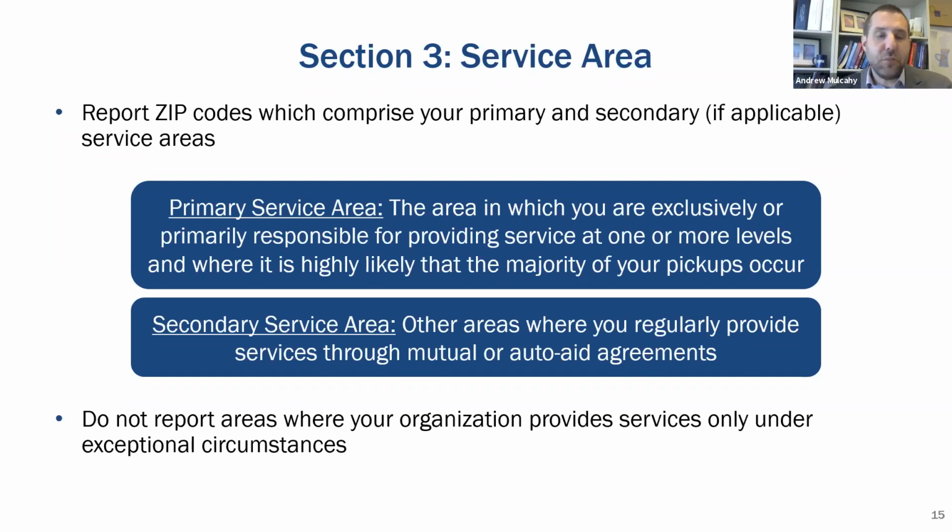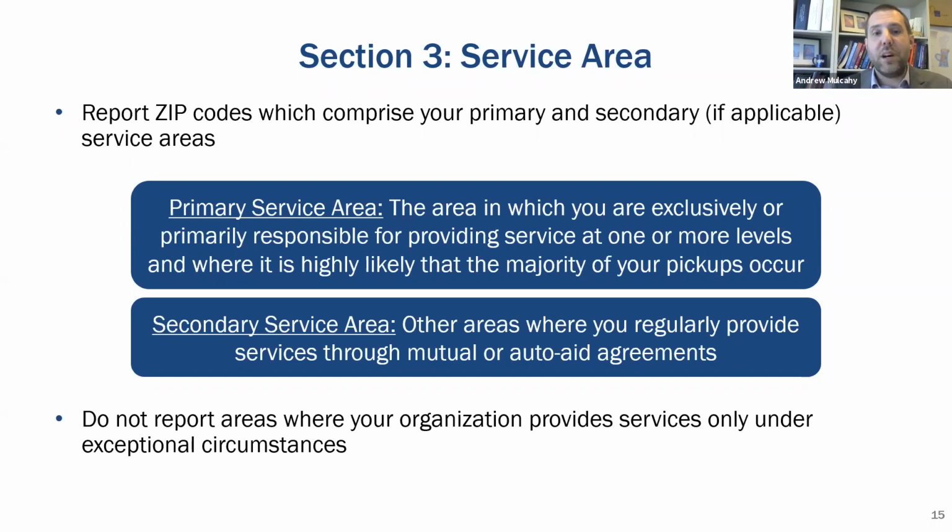For some organizations, this will be as simple as typing in a zip code. If you serve out in California, say, serve a whole county, you might have a lot of zip codes. And so there are ways to select all the zip codes in a county, say, with just a couple clicks rather than typing them all in. You can also copy and paste in a list of zip codes. So many different ways to get the zip codes in.